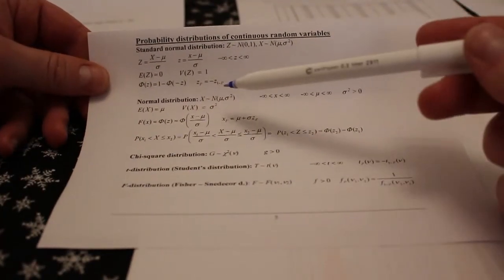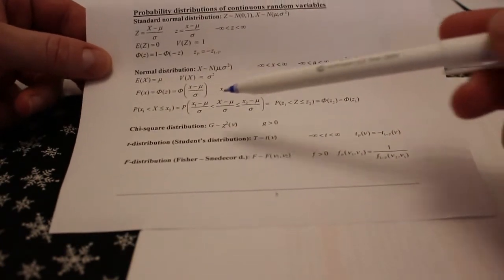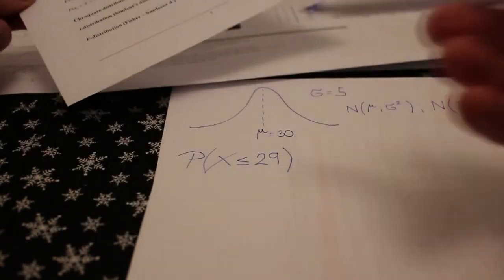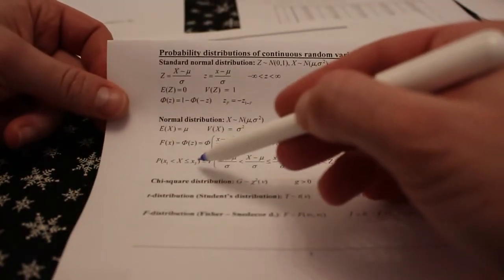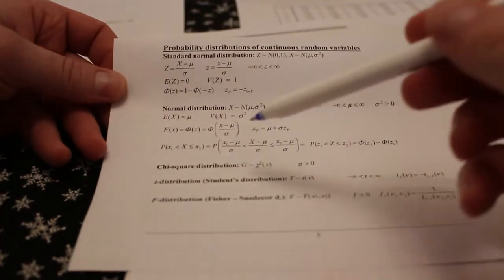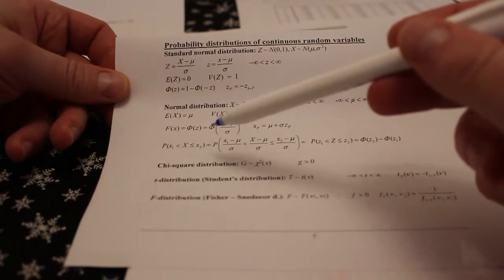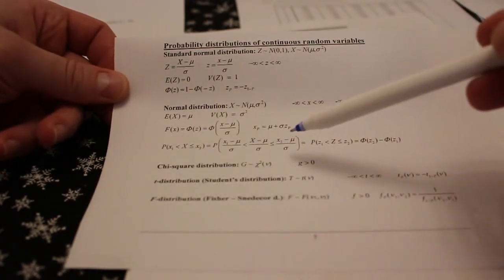There is written normal distribution, and you can see here the probability that random variable x will be smaller or equal to small x2. We will solve this using standardization.